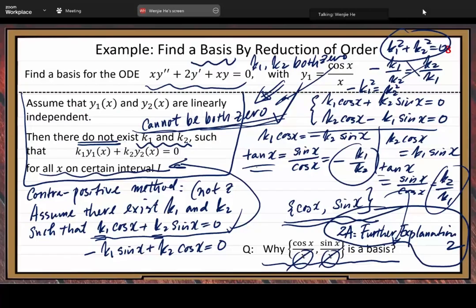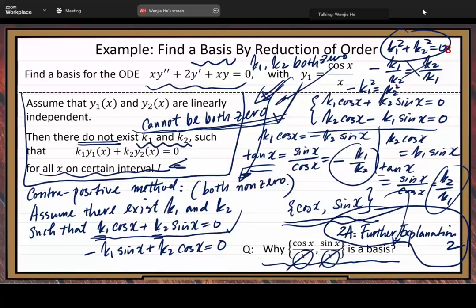Actually, to be more rigorous, we want to assume both are non-zero, to make it stronger.